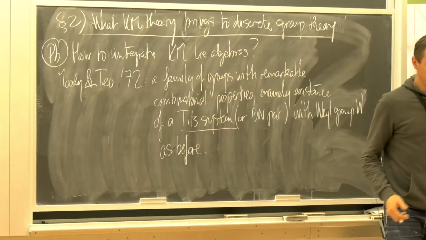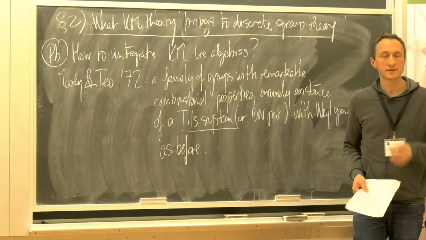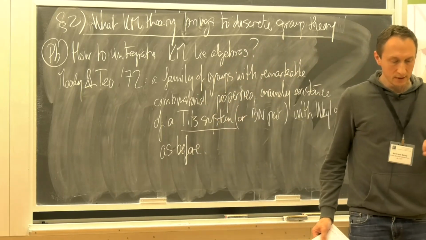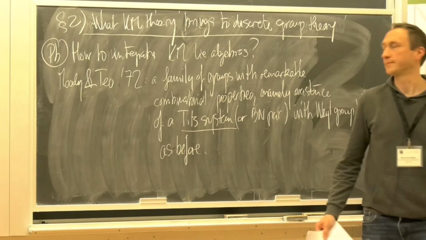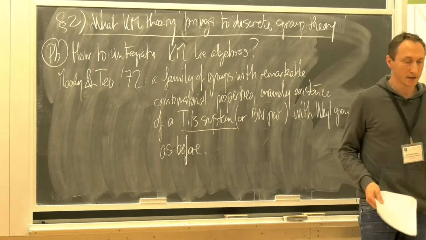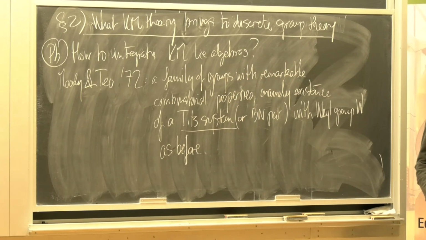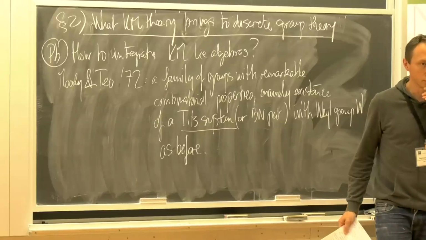So I won't make this sentence more precise, except that a Tits system is a purely abstract group theoretic set of axioms, which was designed by Tits to prove uniformly projective simplicity of rational points of isotropic simple algebraic groups. So this is what Philippe mentioned in the first talk this afternoon.